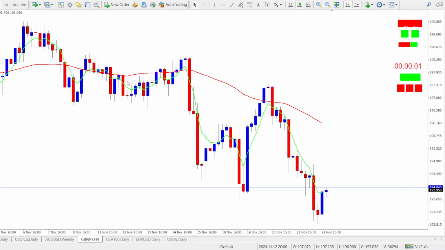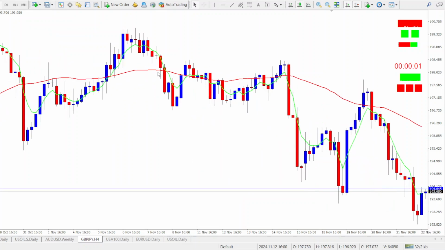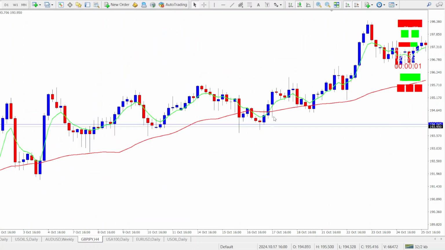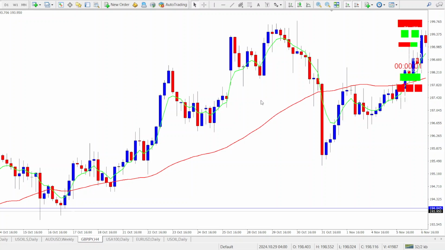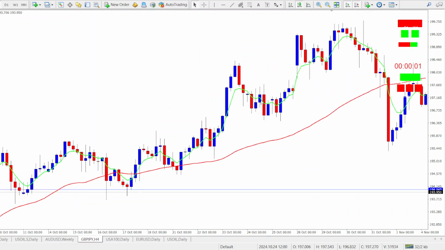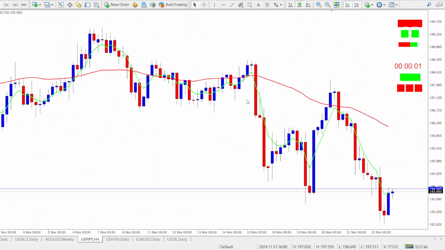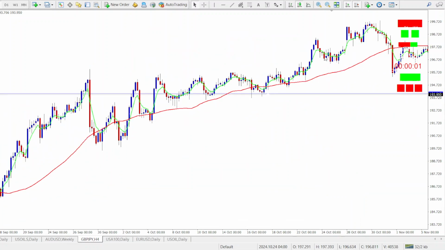When the shorter period moving average crosses below the longer period moving average, you have a sell signal. On the other hand, when the shorter period moving average crosses above the longer period moving average, you have a buy signal. Quite straightforward. If you are a fan of crossover strategies, then this indicator is going to interest you a lot.